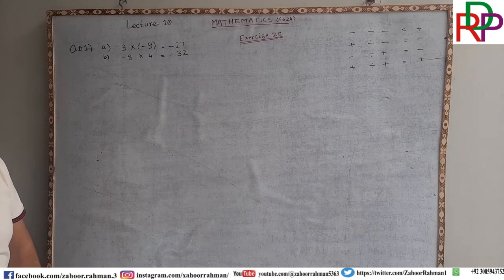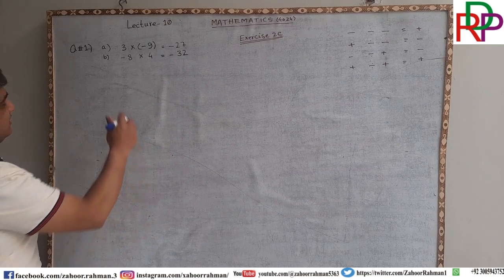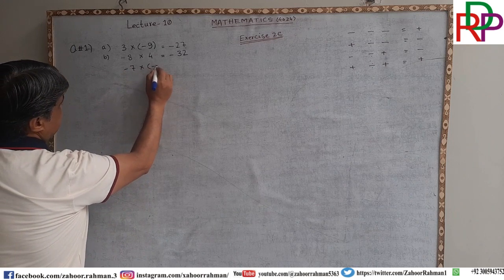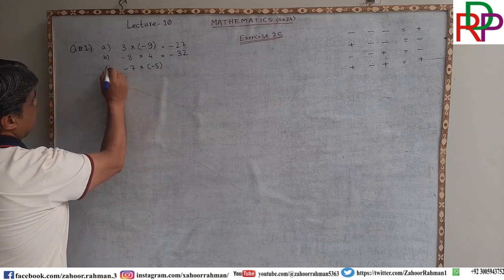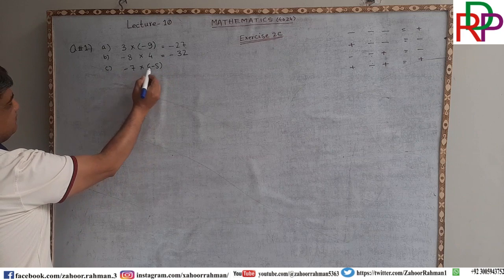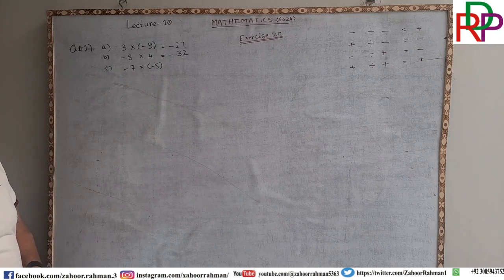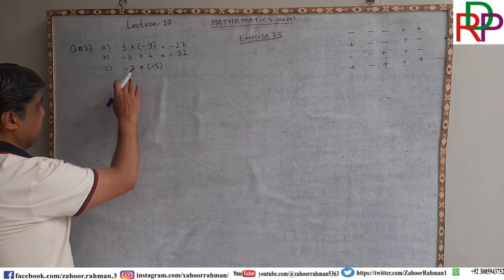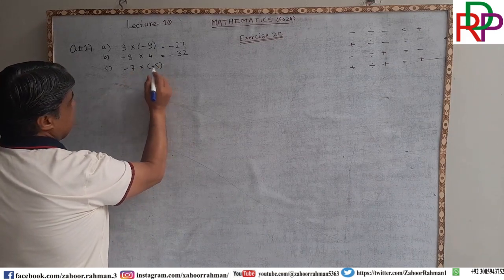The third part is saying minus 7 multiplied by minus 5. Now here you have to think, minus multiplied by minus will give you positive.